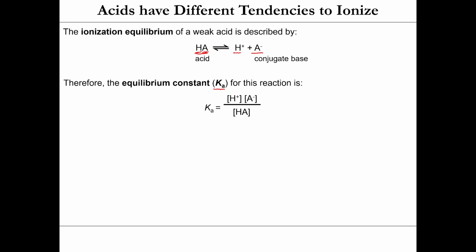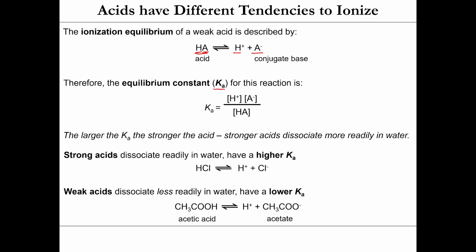One thing we can determine from this is that the larger the Ka, the stronger the acid. So if this is a high number and this is a low number, the stronger the acid is actually going to dissociate more readily in water.